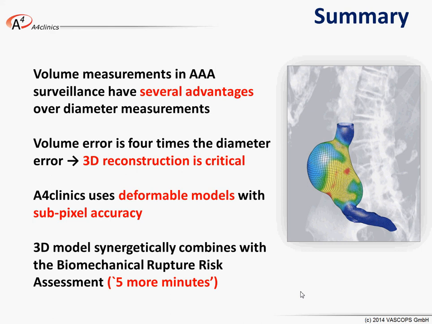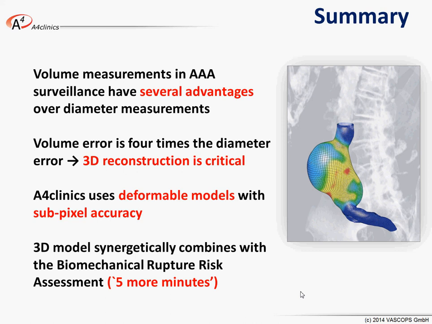We have seen that volume measurements in AAA surveillance have several advantages over diameter measurements. So that's the clinical news. However, you have to be careful because volume error is 4 times the diameter error. That means you really need very accurate 3-dimensional reconstruction schemes.